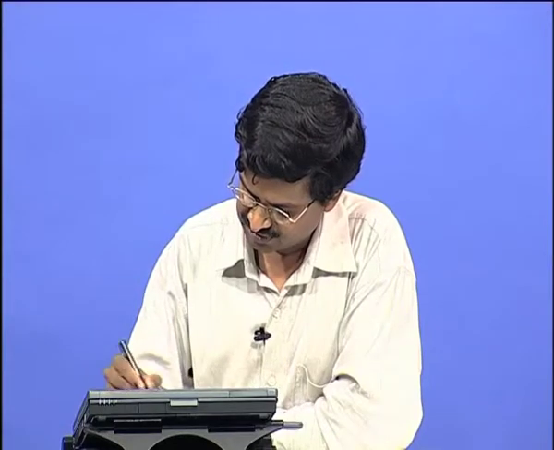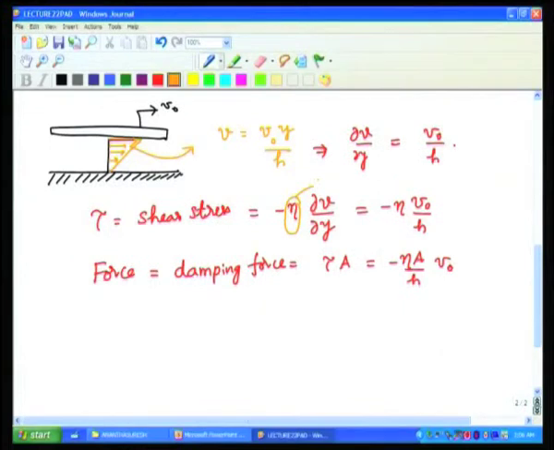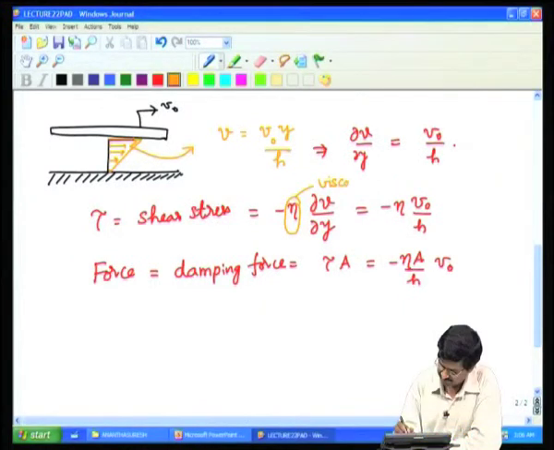When we do that, I substitute for tau, which is minus eta into area of cross section by h, times v0. We have not defined what this eta is. It is a term we have already used, and it is called the viscosity.